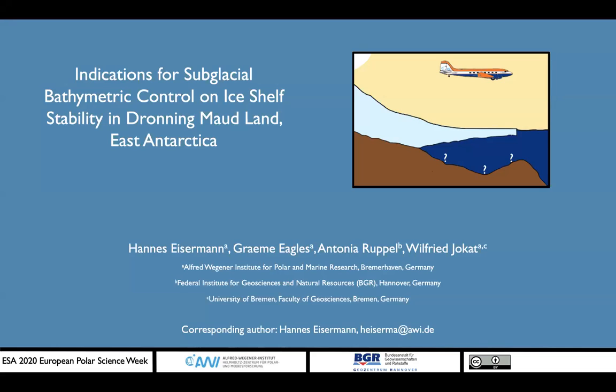As you all may know, the floating ice shelves of Antarctica buttress an enormous amount of the grounded ice sheets, and a mass loss of an ice shelf is consequentially followed by an increased drainage of the corresponding ice sheet.